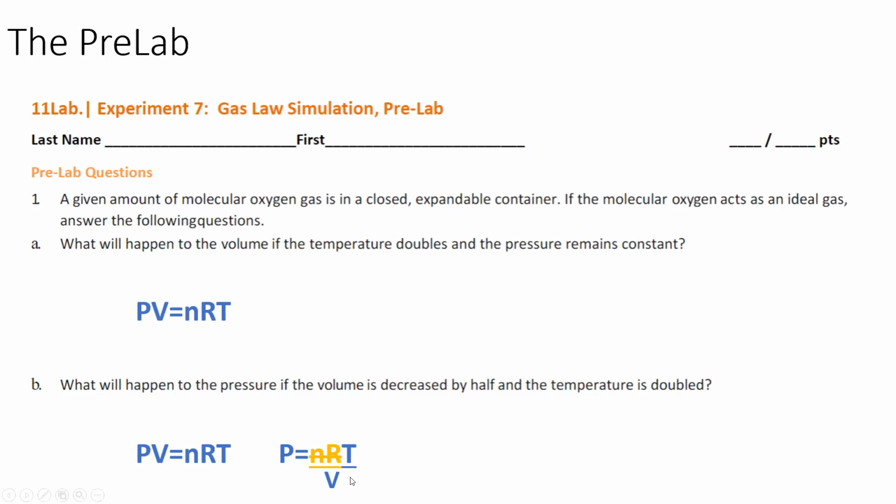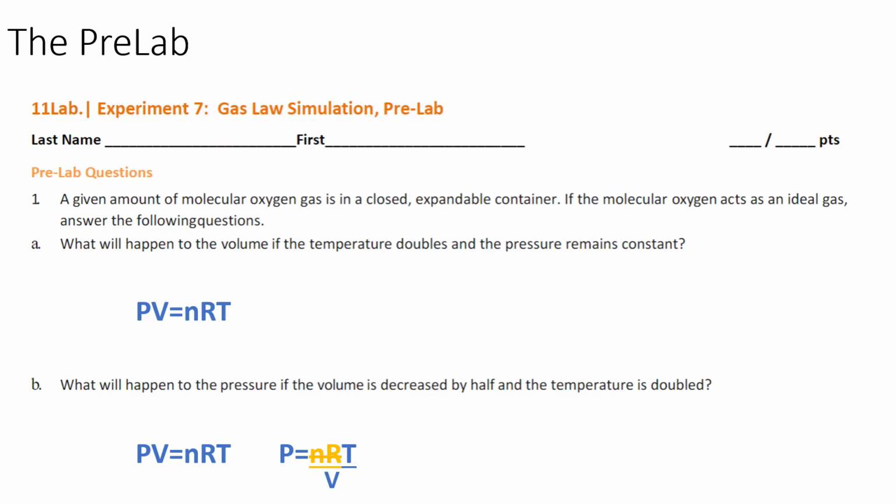So again, you can imagine looking at the ideal gas law, and it says what will happen to the pressure. So you can think of an initial pressure, and then the volume is decreased by half and the temperature is doubled. You can easily just plug in values if it's hard to imagine changing two variables, like volume is changing and temperature is changing. That makes it a little bit more complicated to think about theoretically.